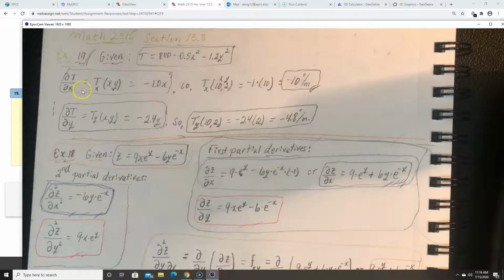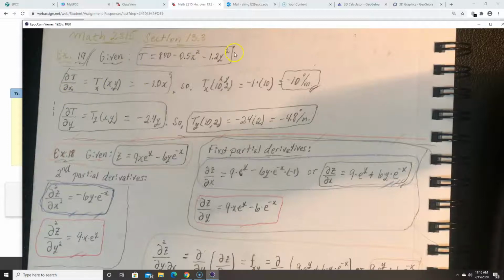Here's another notation for it. Instead of a d and a d like the first derivative, they're using this Greek variable here. And so that's another notation for the partial derivative.